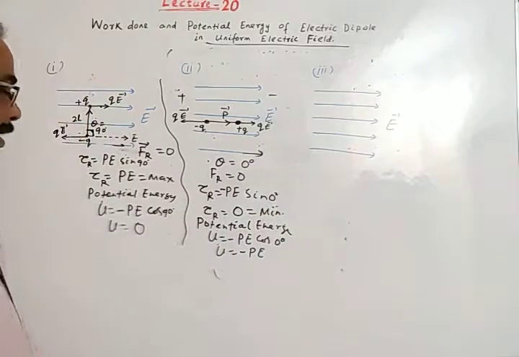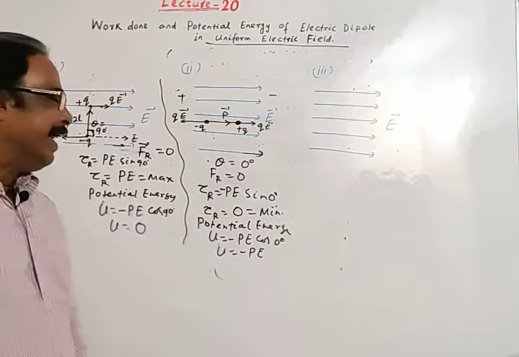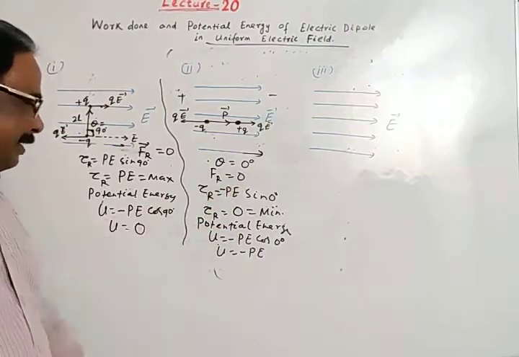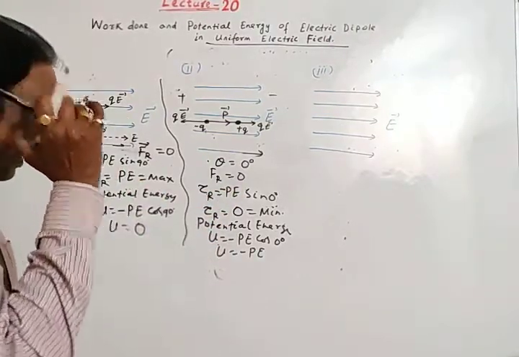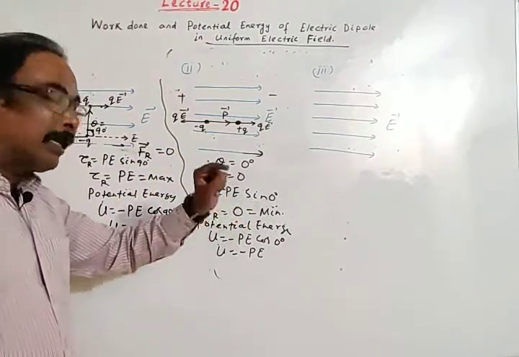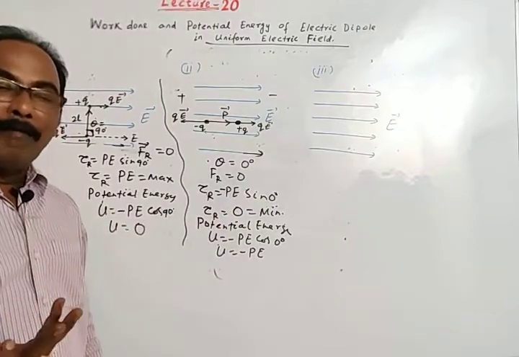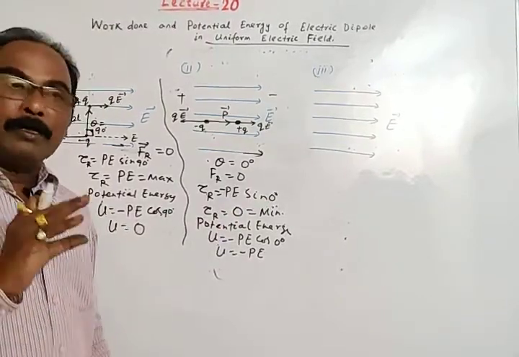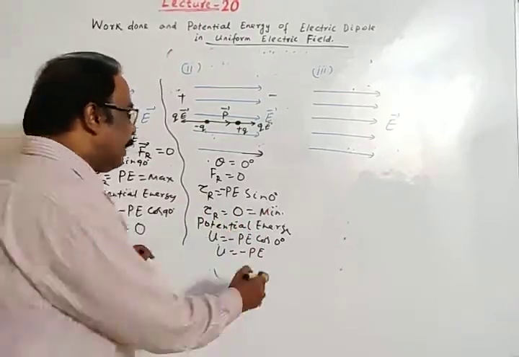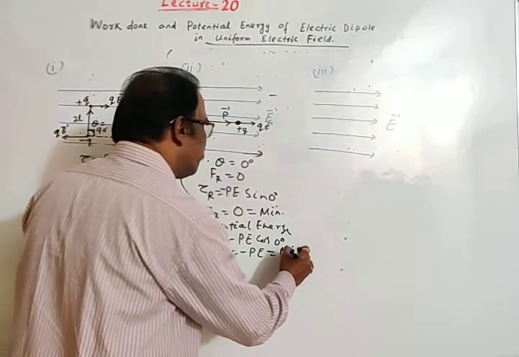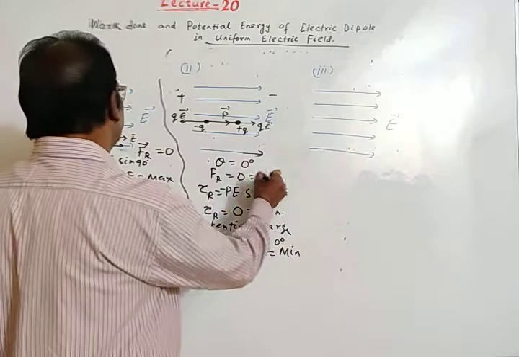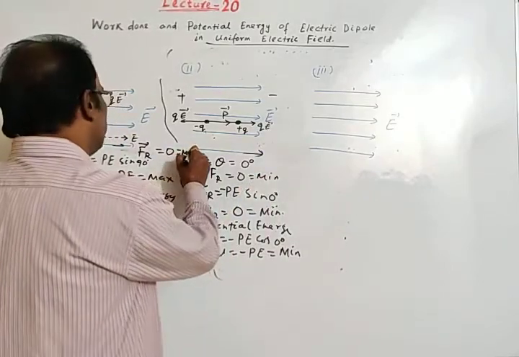I took the wrong concept; the cos theta expression is for potential energy. Torque is P sin theta, theta is 0 degrees, torque is minimum. In sin theta, 0 is the minimum value. In cos theta, minus 1 is the minimum value. So here torque is minimum, and potential energy is minimum. Here force is also minimum.